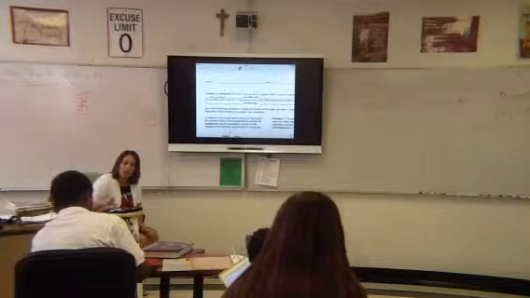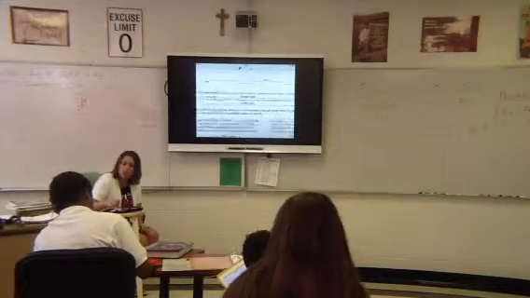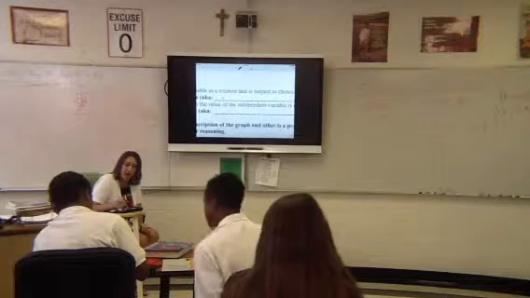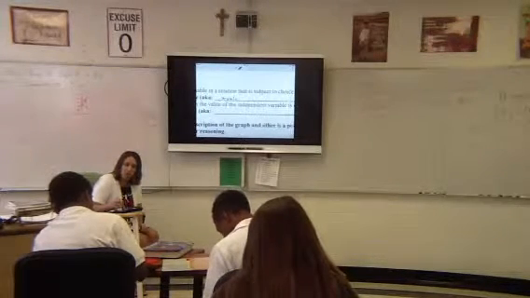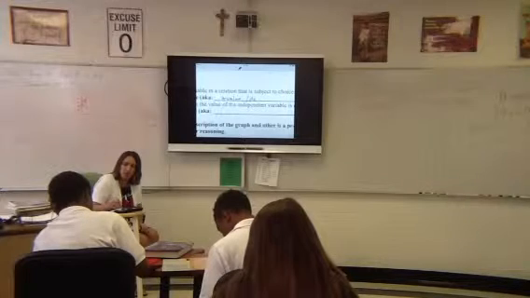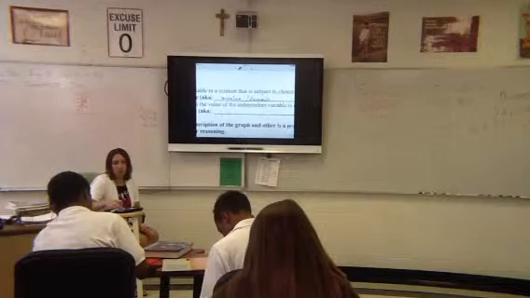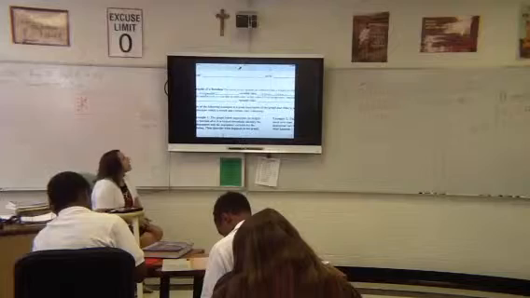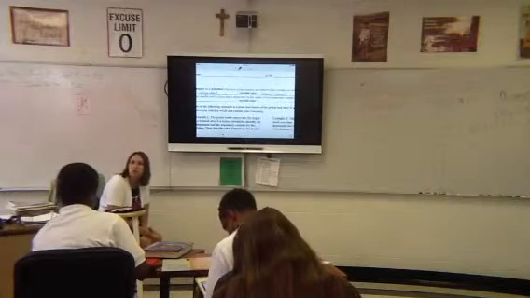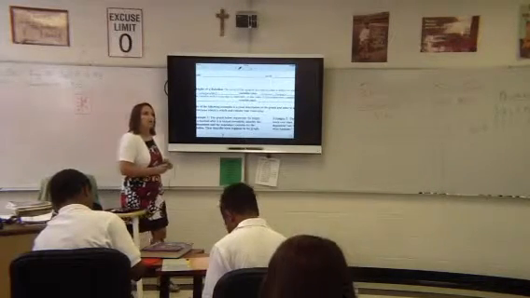Now, it says AKA. This is also, guys, just going to be your X value or your domain. Domain, X value. So independent, X value, domain, it's all talking about the exact same thing.